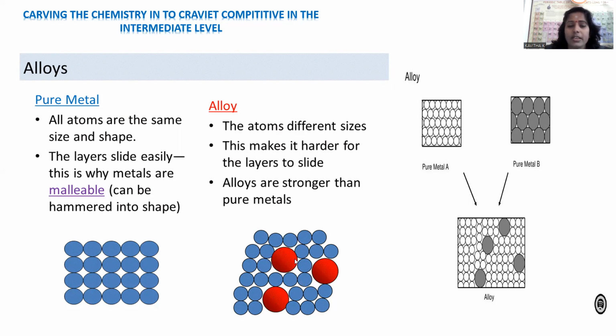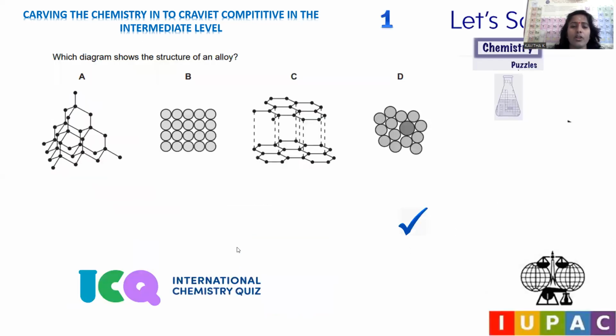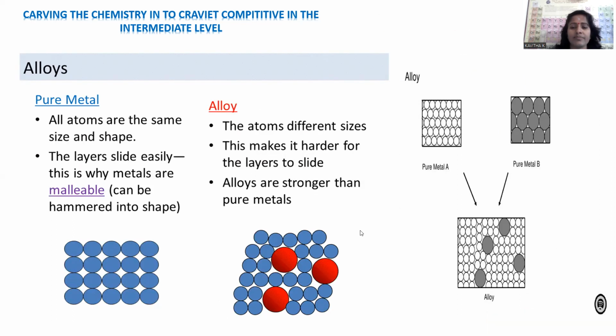Compared to pure metal, alloys are harder and stronger. For example, steel is a combination of iron and carbon, which imparts strength to the steel, right? In this manner, an alloy is always a stronger, tougher material, with a different atomic arrangement, as given in option number D. For question number 1, option number D is the right answer.